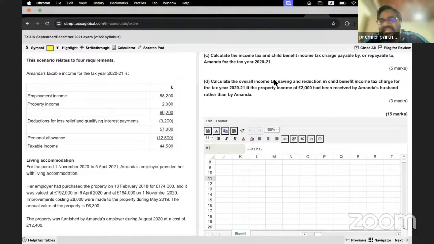So altogether it carries 8 marks. Are the two requirements clear? Any questions on the two requirements?